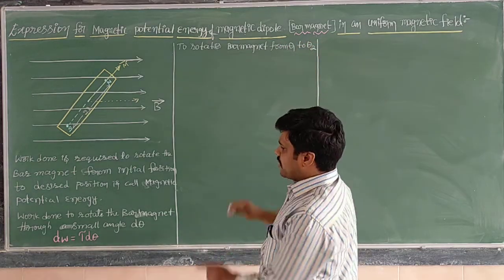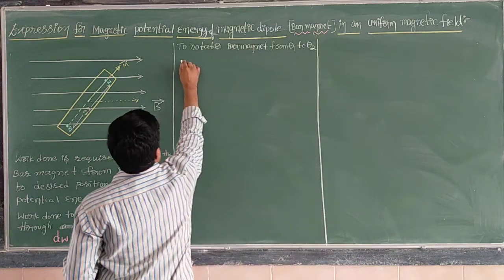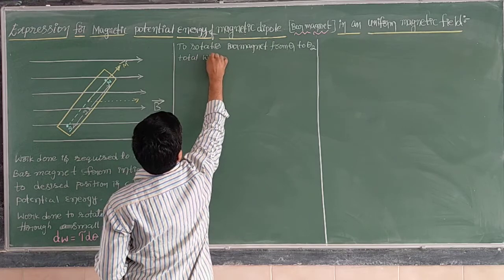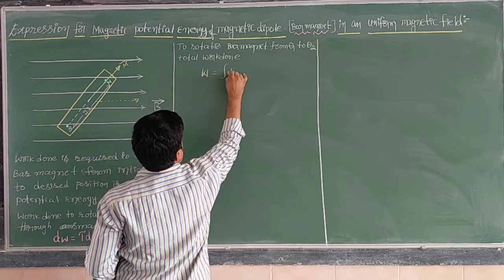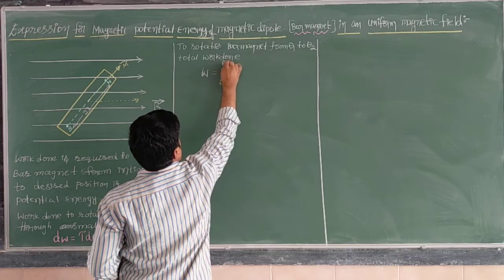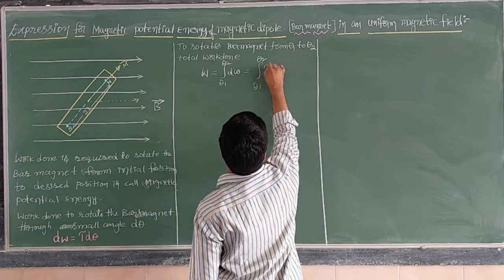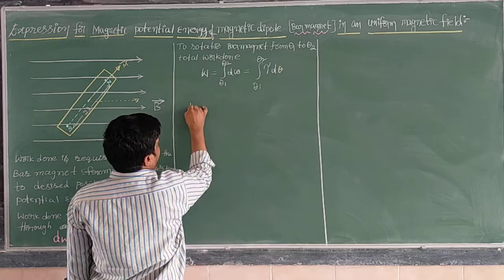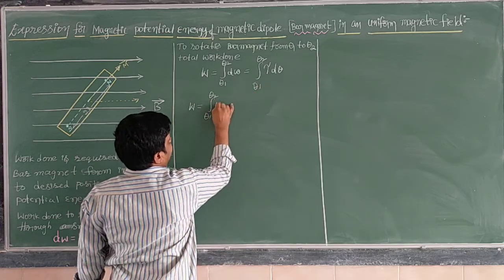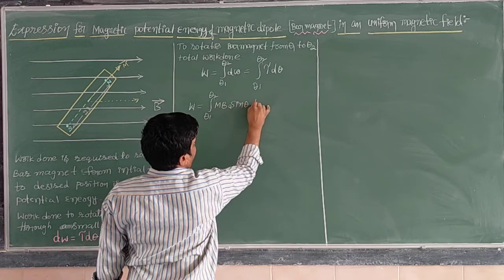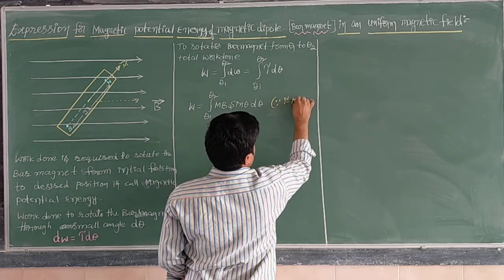The integral of dW is nothing but tau into d theta. So W is equal to the integral from theta 1 to theta 2 of tau, which is the torque, equal to mB sin theta d theta, since tau is equal to mB sin theta.